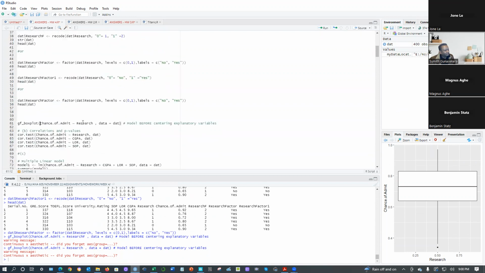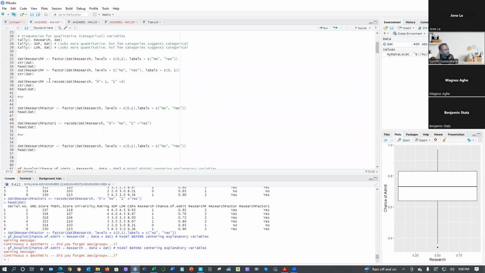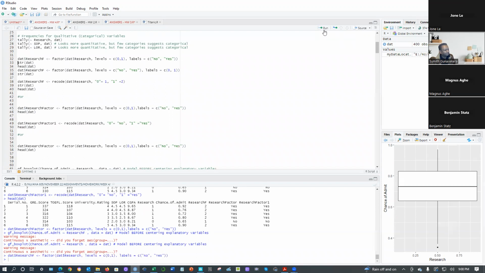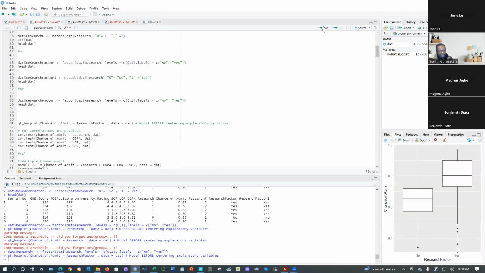That's why we make this one a factor, research F. If I use the research F, it should work. That's it. Should split, yes and no.